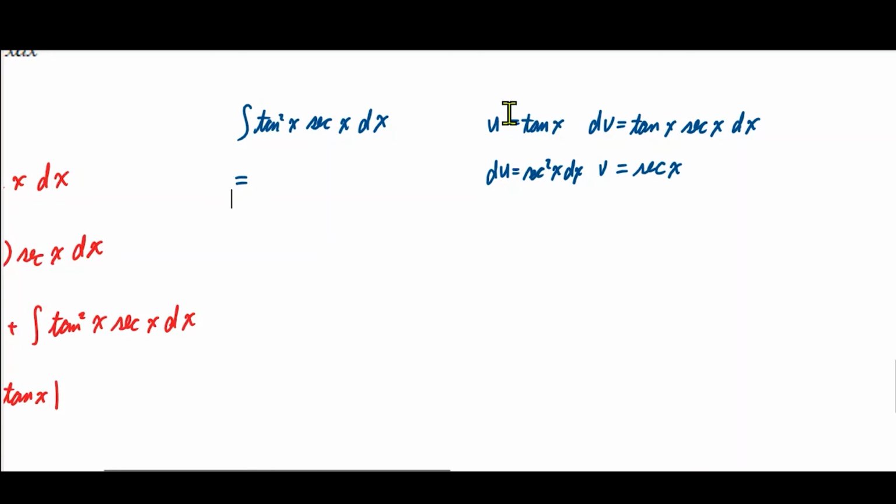So we have secant x tangent x minus the integral of these two, secant cubed. You with me? But then, wait a minute. Where have we seen that secant cubed x before?